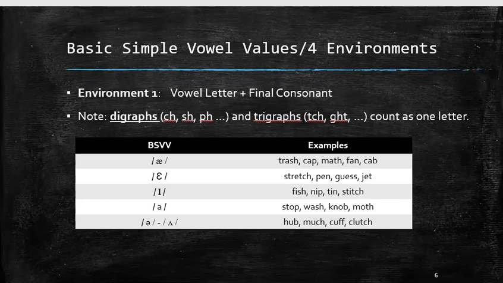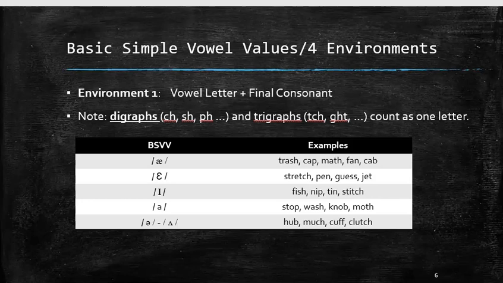And we talked about what these are, right? Digraphs and trigraphs, and there may be an overlap between this and a following environment. But to explain, in case you have forgotten or you need a refresher, digraphs are graphic representations of one sound using 2 symbols, 2 letters in this case.